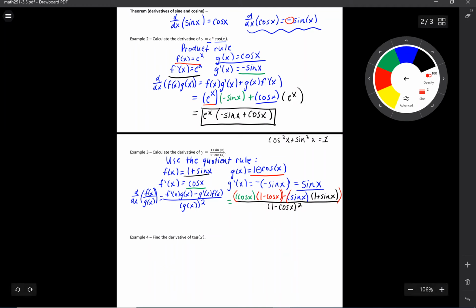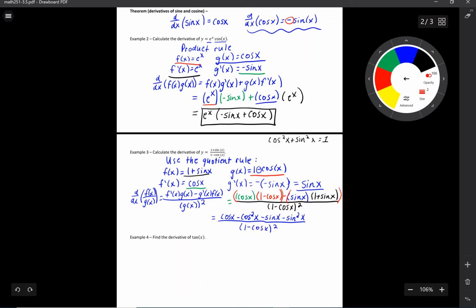When I multiply the first term out, I get cosine x minus cosine squared x, that is the first two terms multiplied together, minus sine x minus sine squared x, all of this over 1 minus cosine x squared.